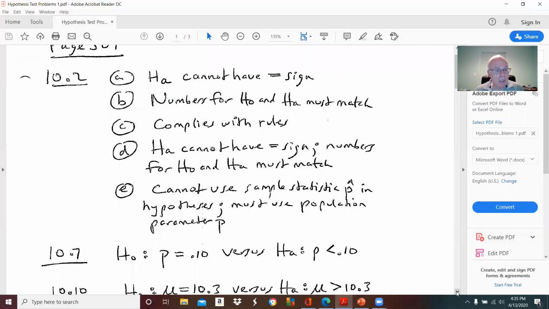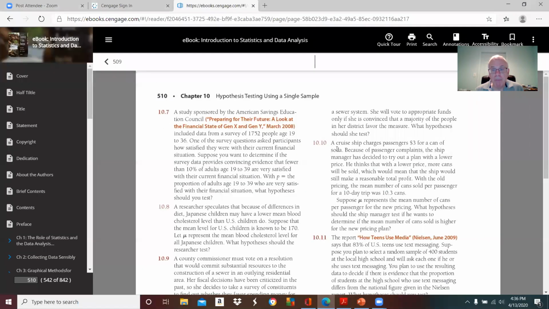Number 10. The same page. A cruise ship charges passengers $3 for a can of soda. Because of passenger complaints, the ship manager has decided to try out a plan with a lower price. He thinks that with the lower price, more cans will be sold, which would mean that the ship would still make a reasonable total profit.